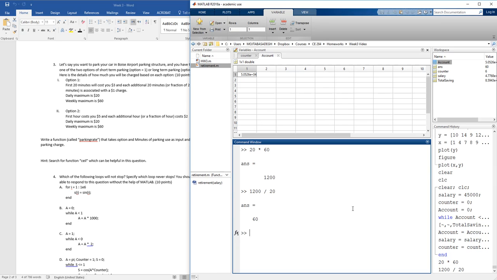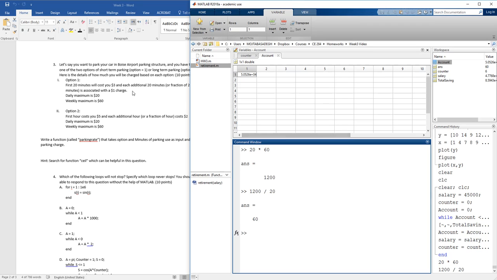So you'll have a $3 charge for the first section and $1 charges for the next 59 sections of 20 minutes. So that's 59 plus 3, that would be 62, but the maximum that you can charge for a day is $20. So you cannot go above $20. So basically, although it's $62, you can only charge for 20.